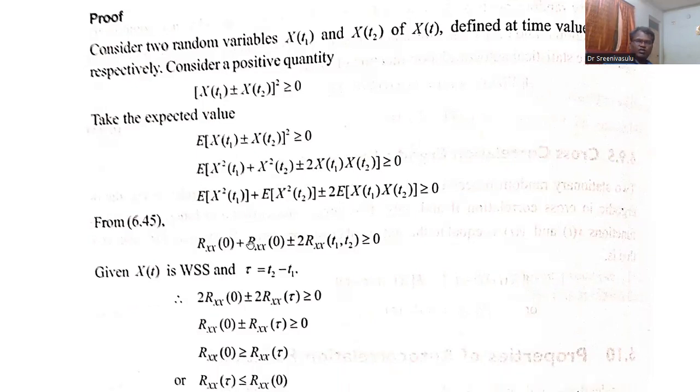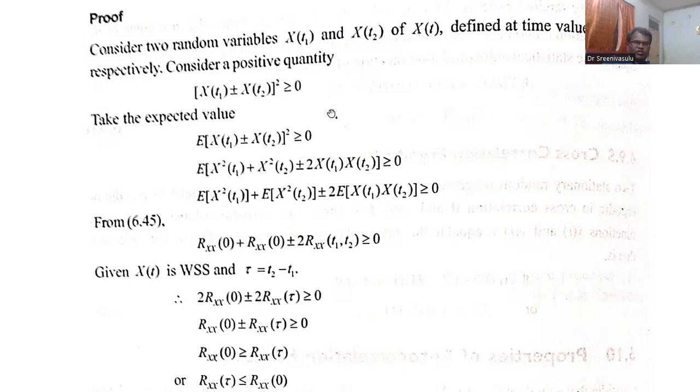Then you distribute the expected value over the individual terms. What is the expected value of x square of t1? It is nothing but Rxx of tau, and when tau is equal to 0, Rxx of 0.